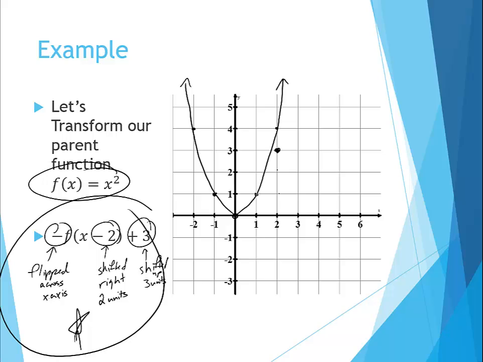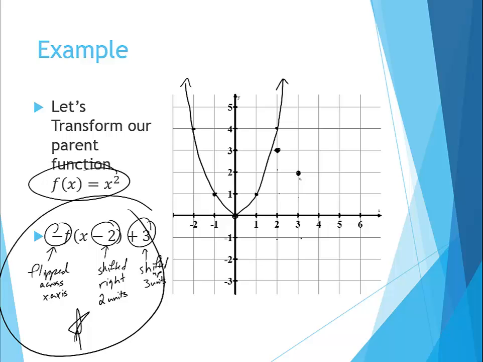Now look at your 1, 1 point right here. It's going to flip across the x-axis. Since it's at 1, 1, it'll now be at 1, negative 1. And then it's going to shift right 2 units, 1, 2. And now it's going to shift up 3 units, 1, 2, 3.